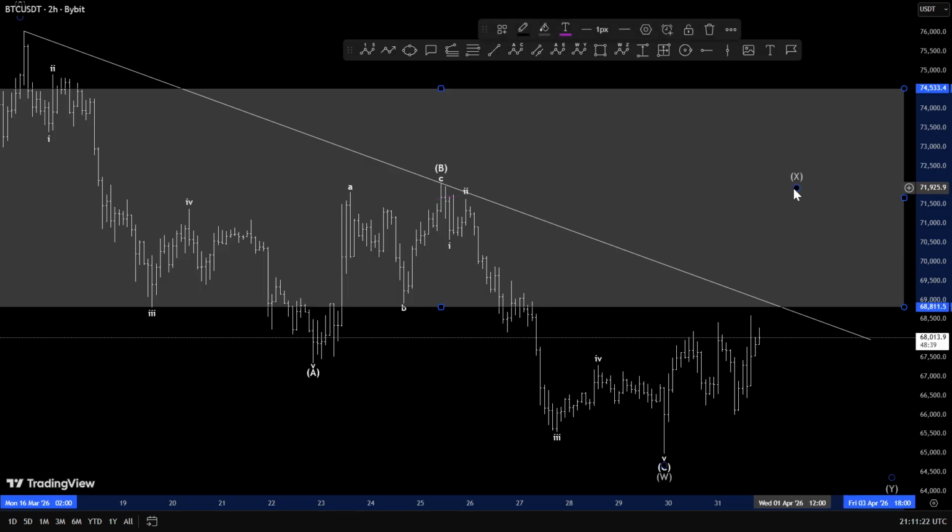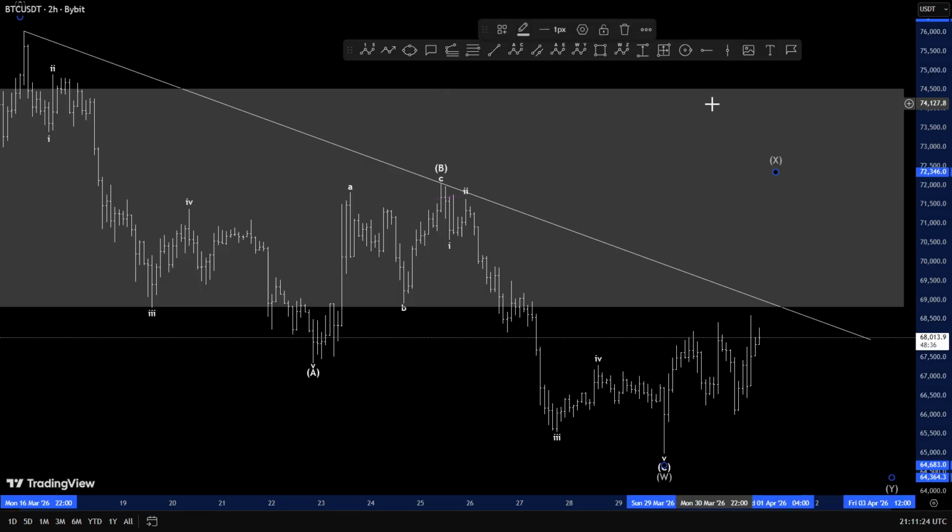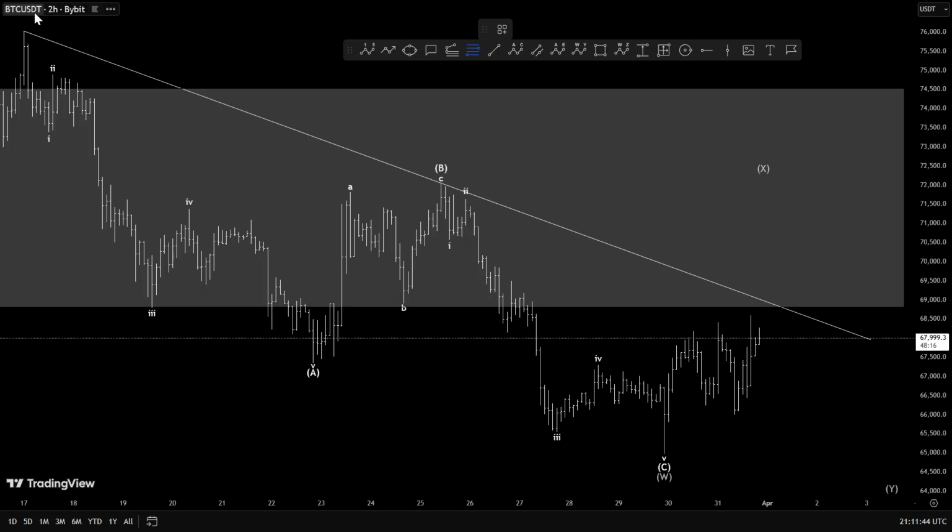We need a strong momentum to break out of this resistance level. And what is currently unfolding right now doesn't seem like it's going to break out of this resistance level and start going up, which gives us wave X, and with the X level we start using Fibonacci retracement.